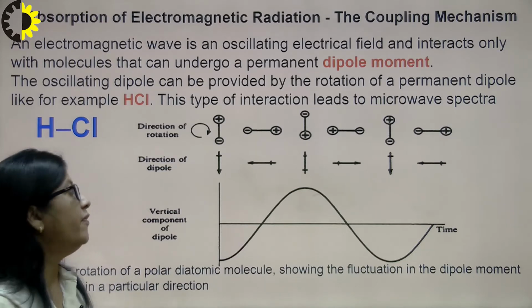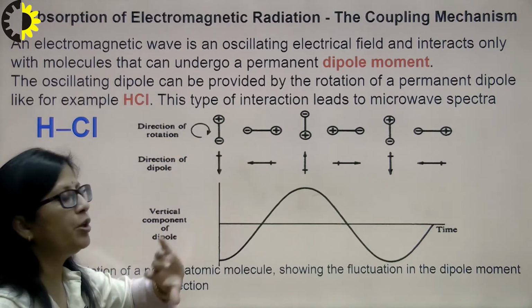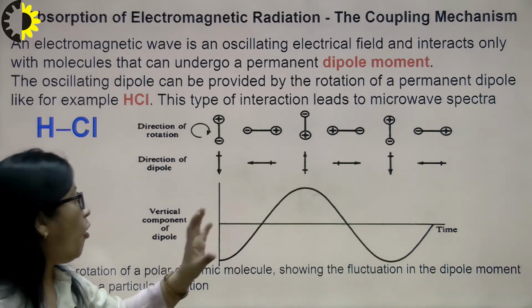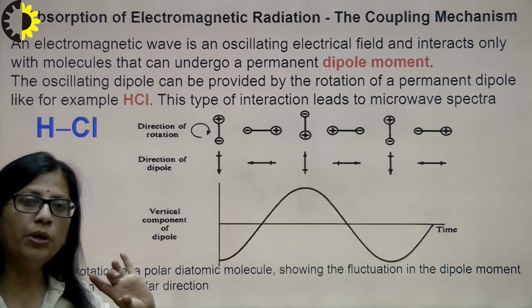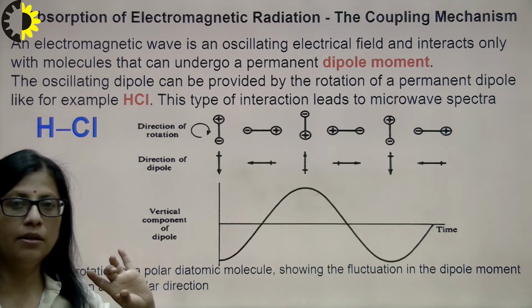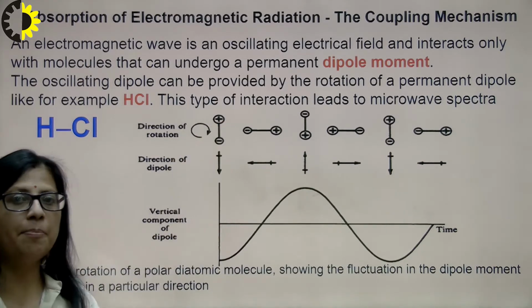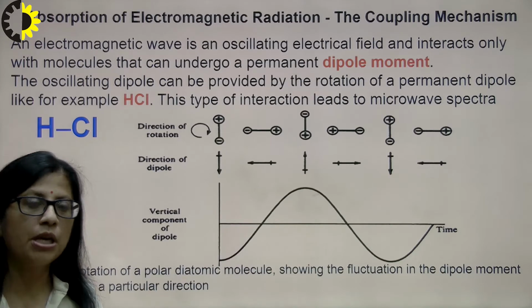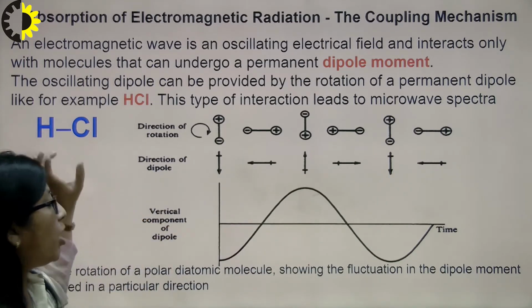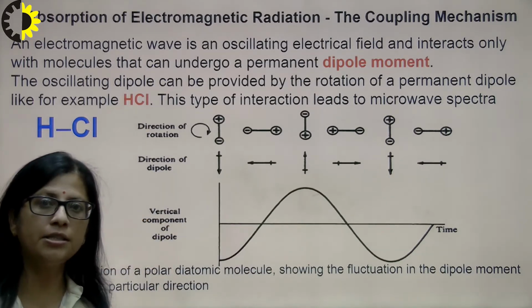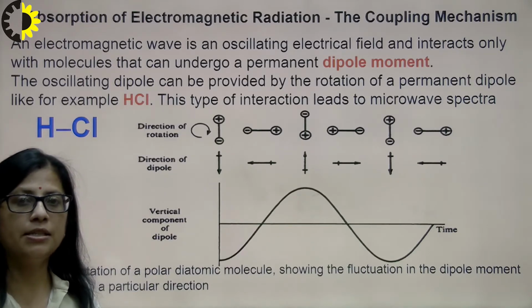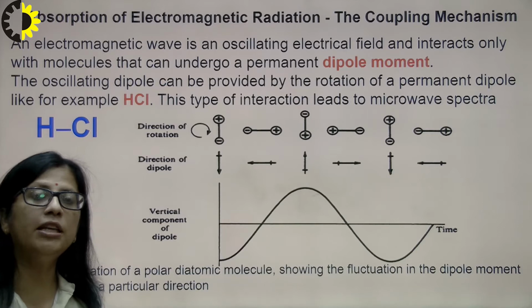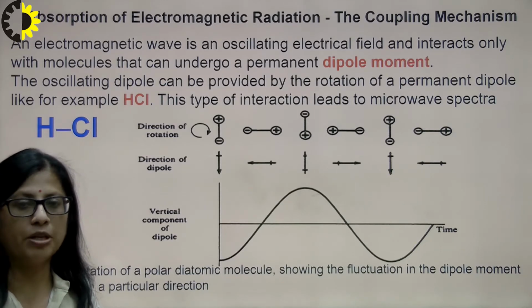Or when the oscillating electric field produced by the molecule, or the component of the dipole of the molecule, becomes equal to the energy being supplied by the radiation source. Again, if this molecule is in the higher energy state, it can lose energy and move to the lower energy state, and then we can observe the emission microwave spectra.